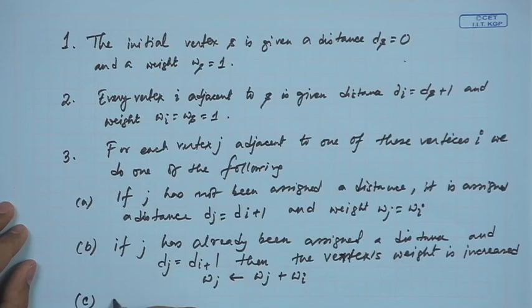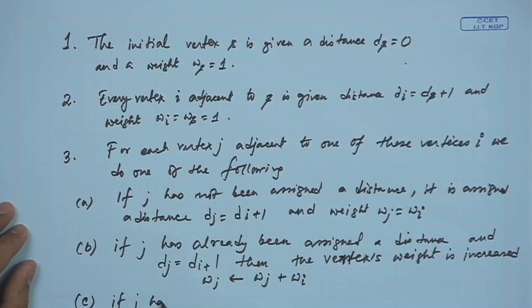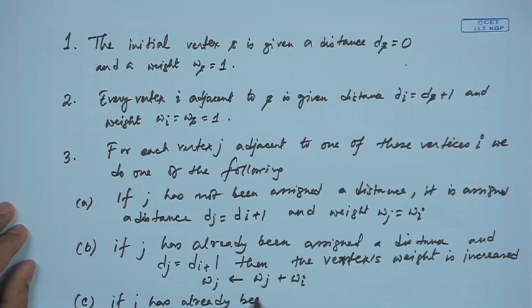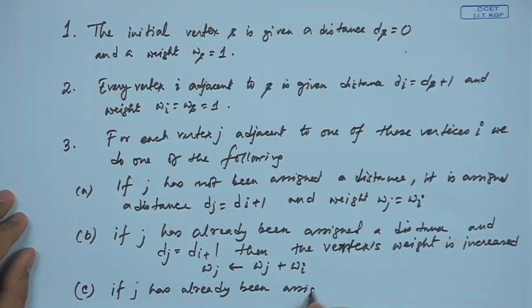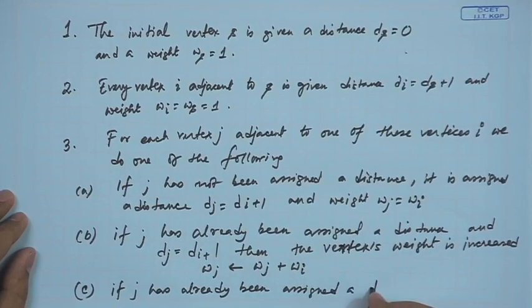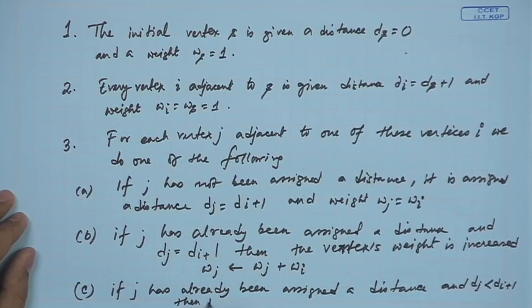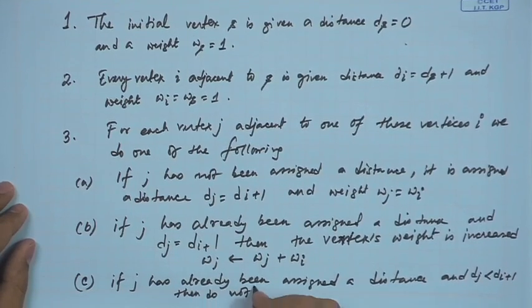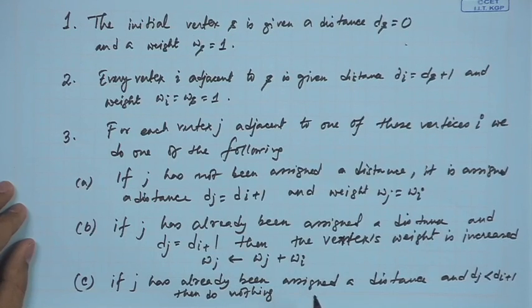There is a third case: if j has already been assigned a distance and dj is less than di plus 1, then do nothing. That is, we are probably backtracking, so we do not do anything.